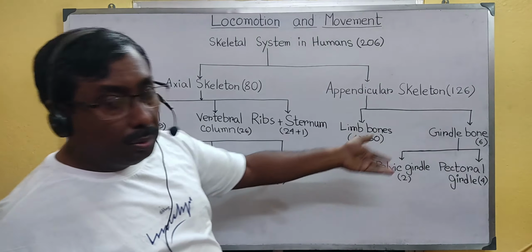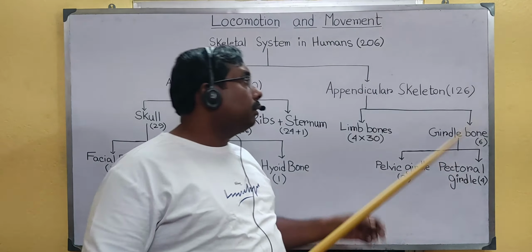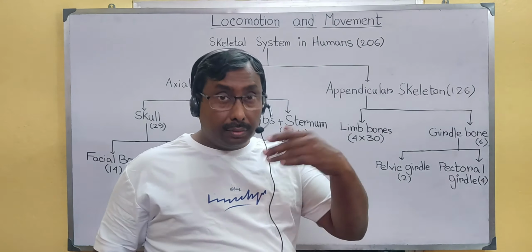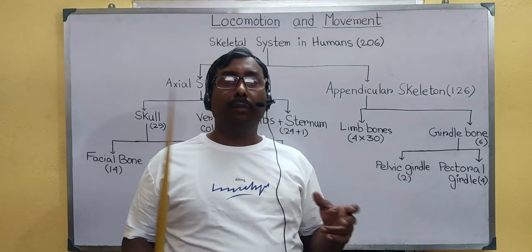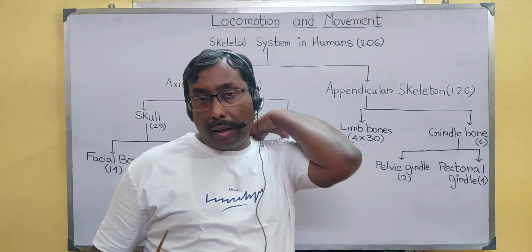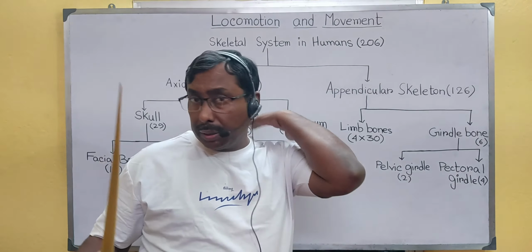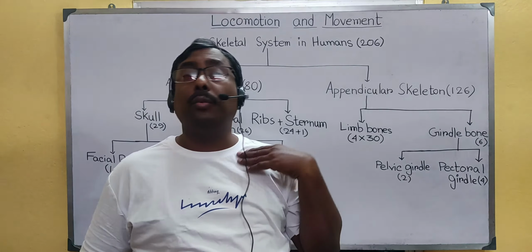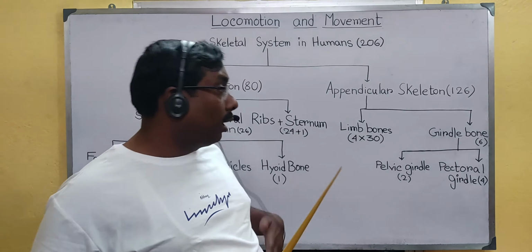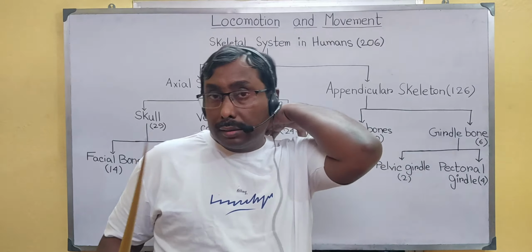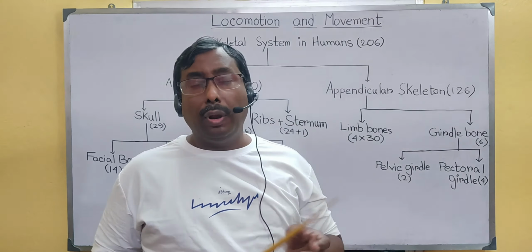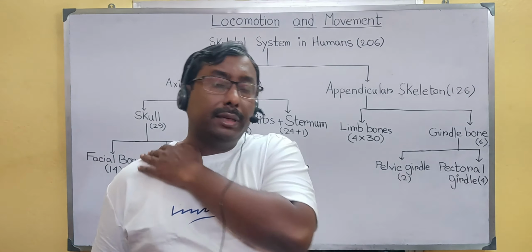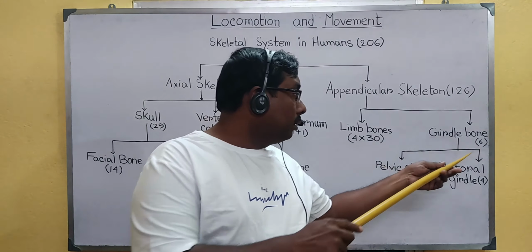Now come to the appendicular skeleton. In the appendicular skeleton we can see that there are 126 bones. Just before that I told you that the appendicular skeleton contains the girdles, the pectoral girdle over here and the pelvic girdle over here. The pectoral girdle contains the collar bone or clavicle, and the scapula. The girdle bones are 6.